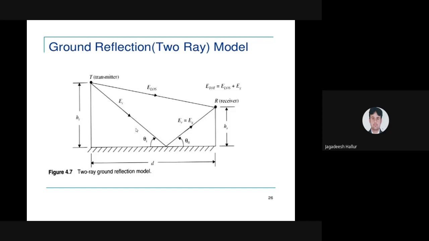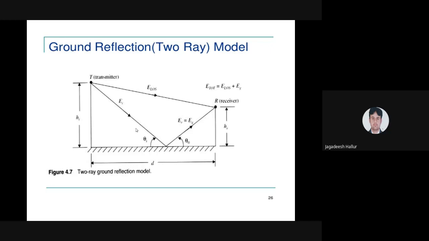So it has given at the top, E_TOT, the total, is equal to E_LOS plus E_G. E_LOS is the electric field with respect to line of sight, the first wave, plus the electric field with respect to the ground reflected wave. Getting the point? If you want, you can write it.